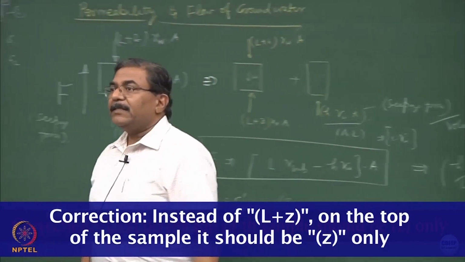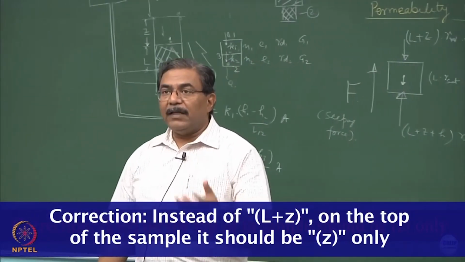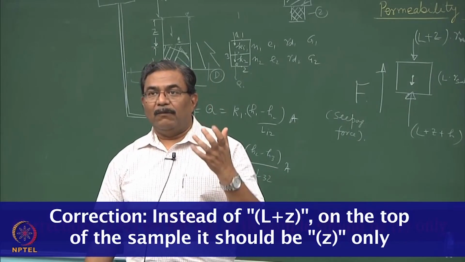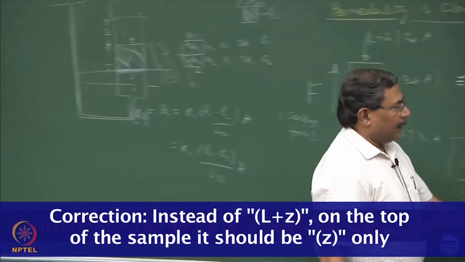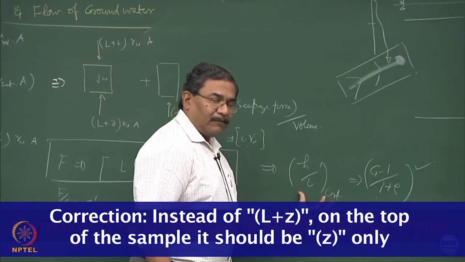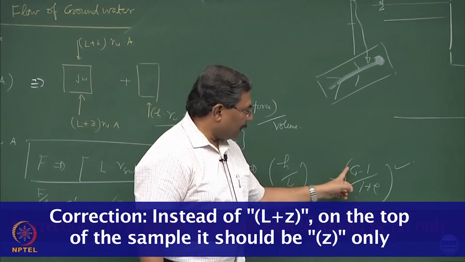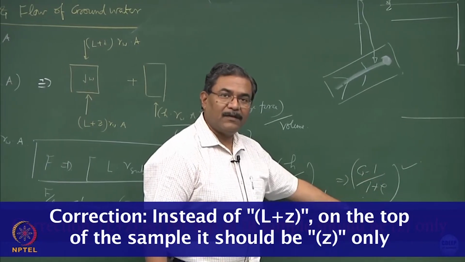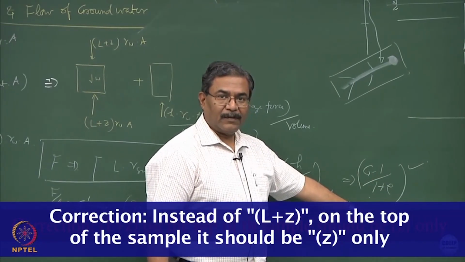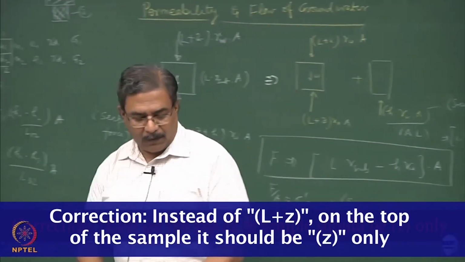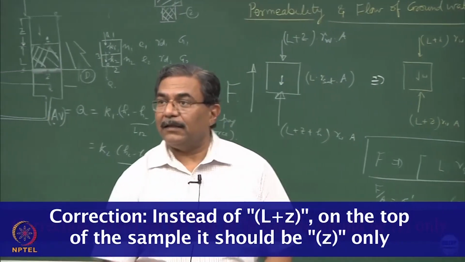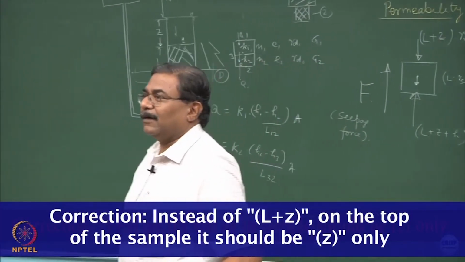What it indicates is, a soil is going to boil under hydraulic gradient, and at that time the hydraulic gradient is equal to the specific gravity minus 1 over 1 plus void ratio. Have you understood the whole story or not?